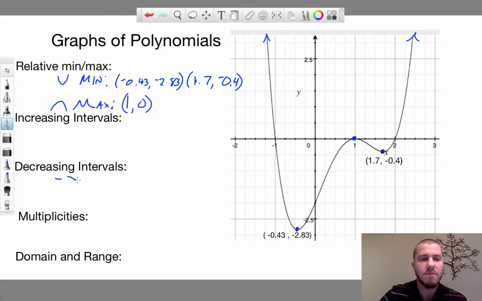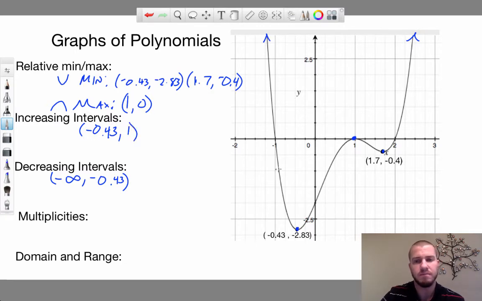So it means from negative infinity all the way up to when x is at negative 0.43, the graph is decreasing. And then it turns and it starts going back up. So it's going to be increasing from negative 0.43 all the way to where x is 1.